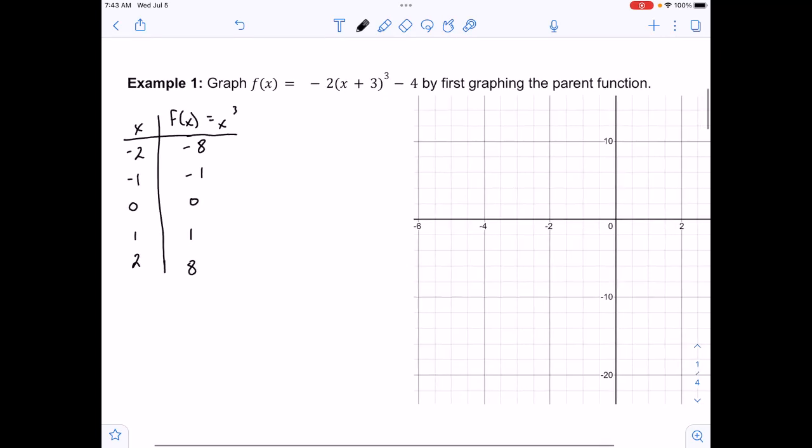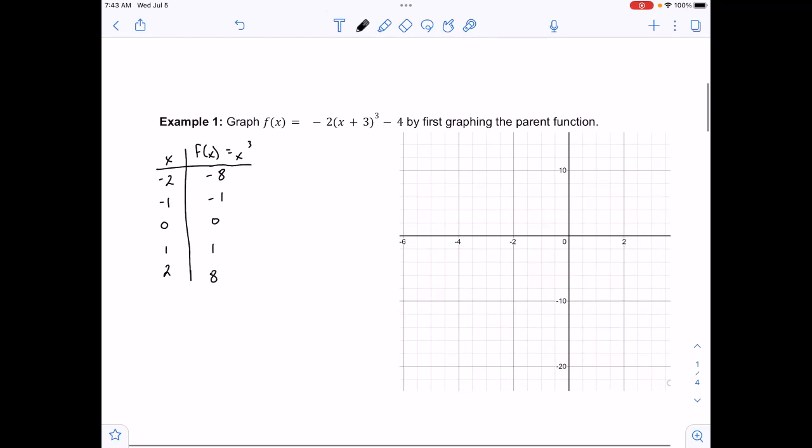And I'm going to go ahead and plot that on my grid to the right here. My y-axis is going up by 2s, my x-axis is going horizontally by half.